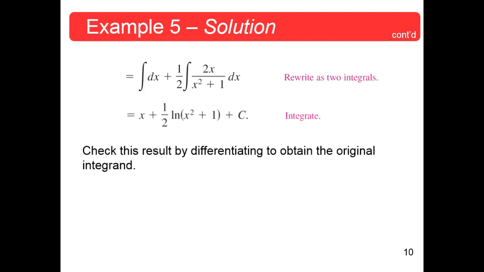Now, it says check that result by differentiating to obtain the original integrand. Well, of course, that would be 1 plus 1/2 of 1 over x squared plus 1 times 2x, chain rule, and that would be 1 plus x over x squared plus 1.